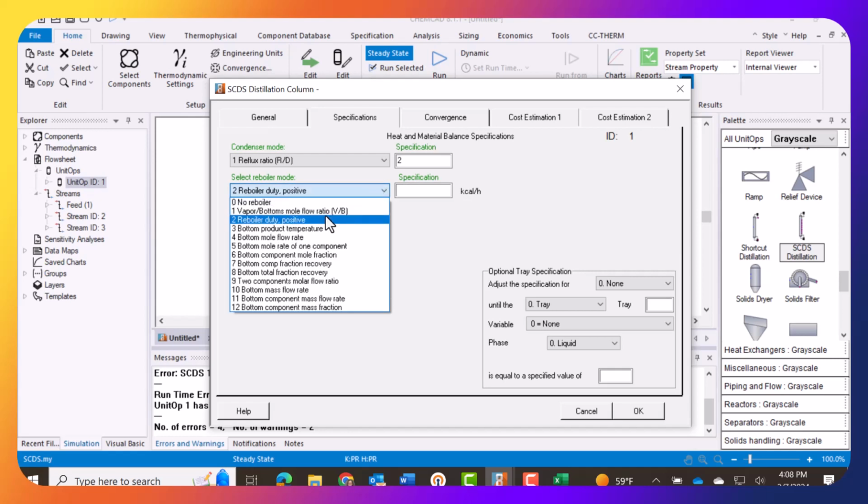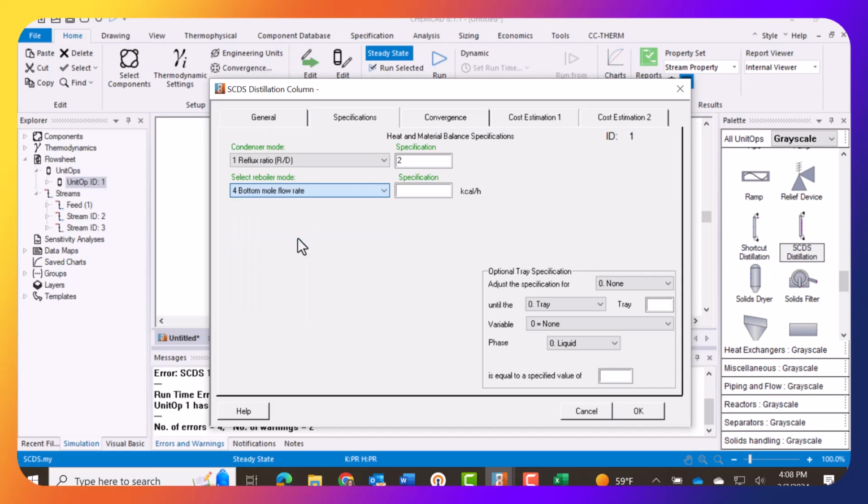If you go through these things, I don't know the boil up rate or ratio, but I do know the bottom mole flow rate. They told me that the distillate rate is 60 kilomoles per hour. They told me that the feed is 100. So therefore the bottom mole flow rate has to be 40, right? Because I have to be able to input something out of each of these lists.